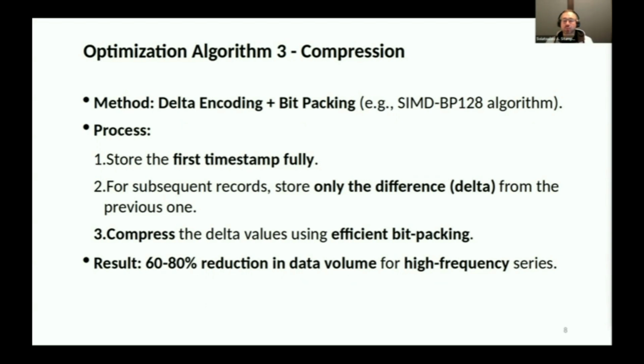And this would allow us to compress the complete time series very, very efficiently. And if we have a real high-frequency time series, like regular logs, like transactions in a highly loaded system, we may compress data size very notably.